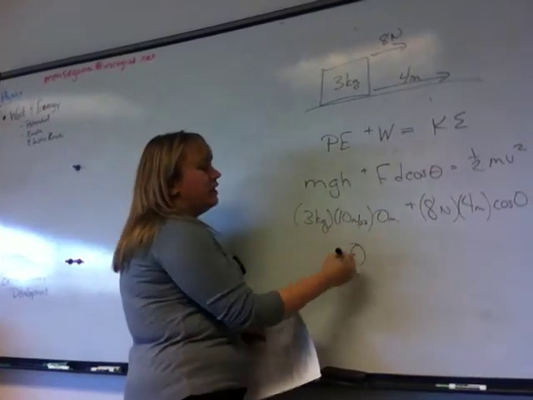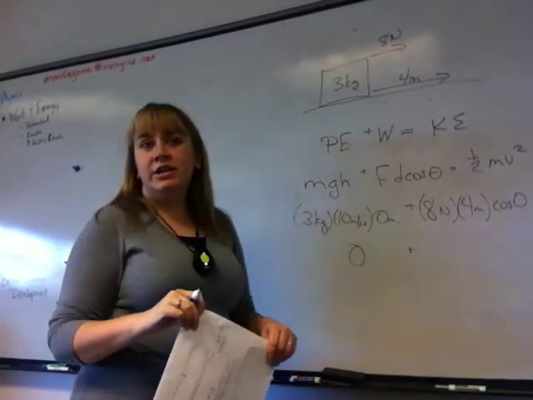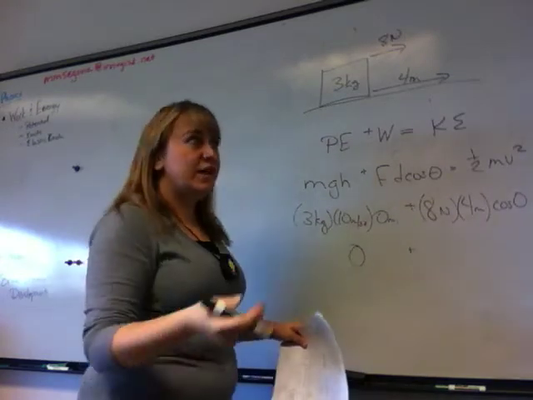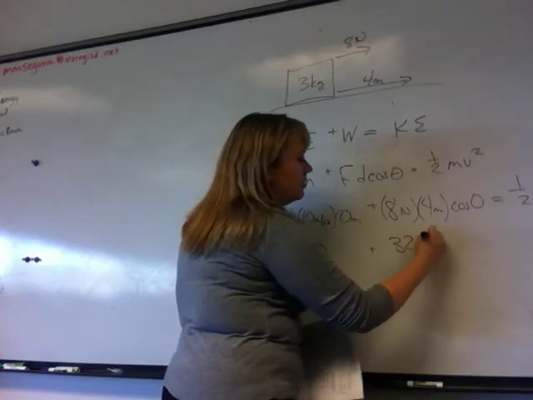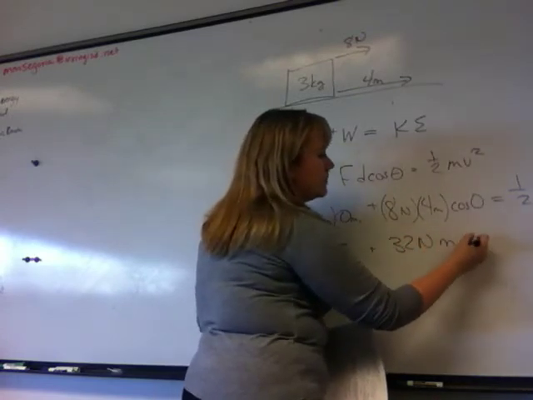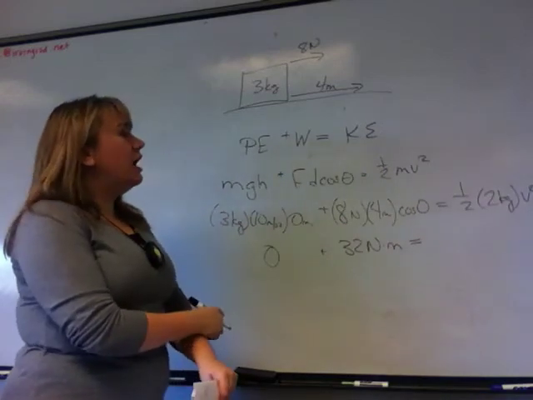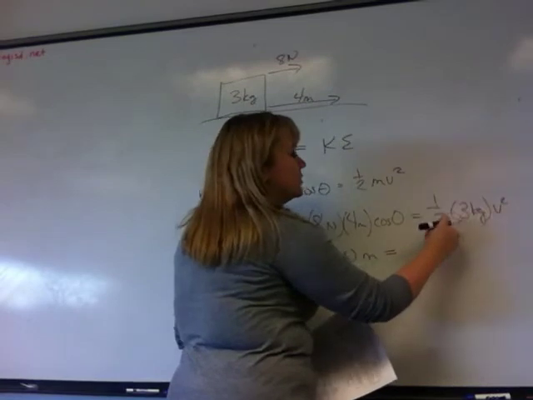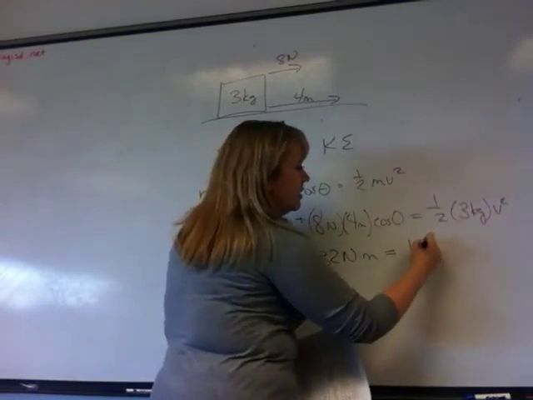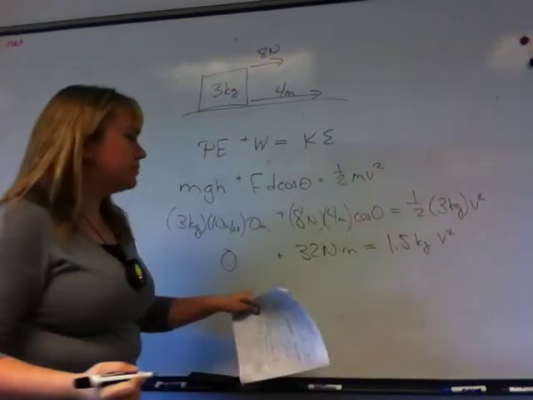So we can just ignore that one, really. 8 times 4 is 32, and 32 times cosine theta, which cosine of 0 is 1. So we're going to get 32 Newton meters. And 1/2 times 2, I'm sorry, it's not 2. Why didn't y'all correct me? That should have been 3 kilograms. 1/2 times 3 is 1.5 kilograms v squared.